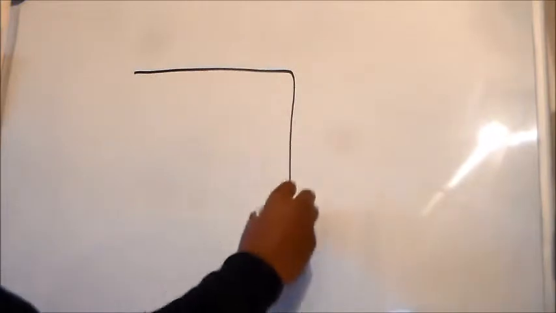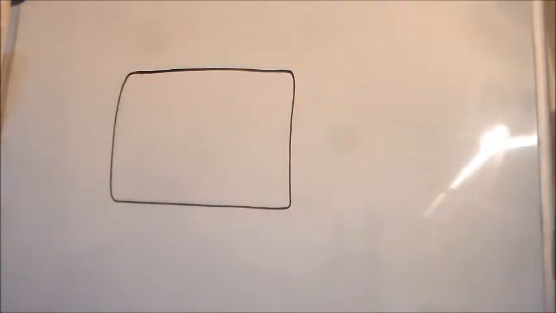Okay, so first of all, I'd like to talk about a circuit. The circuit kind of goes around like that, and not necessarily in that direction, but it goes around like that. And basically, one of the major components of a circuit is a conductor or wire.